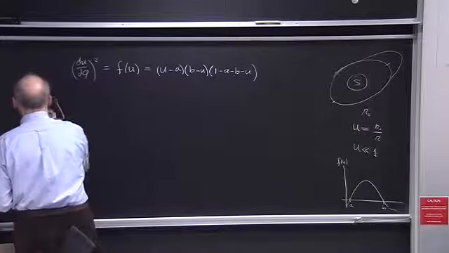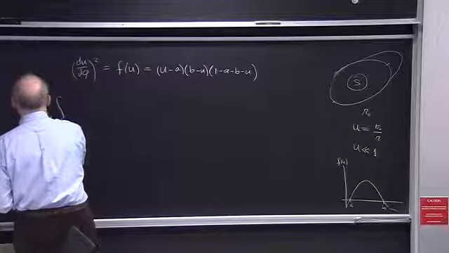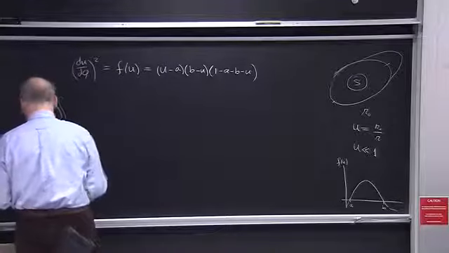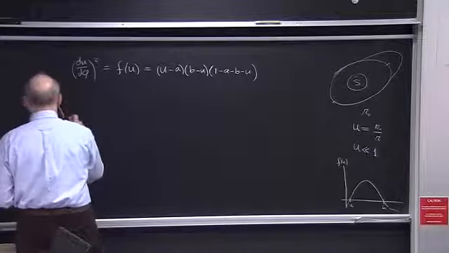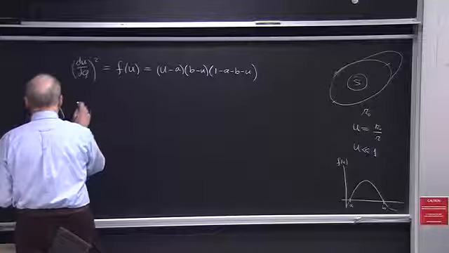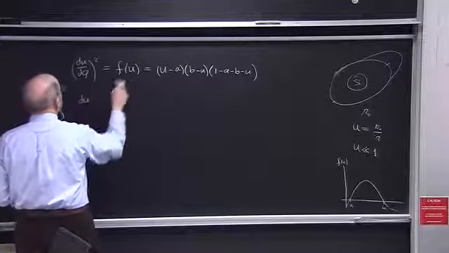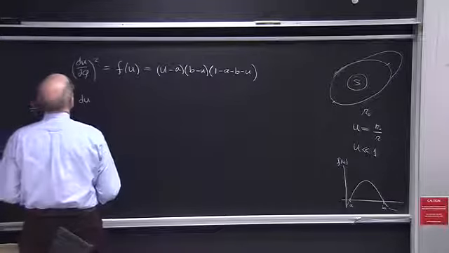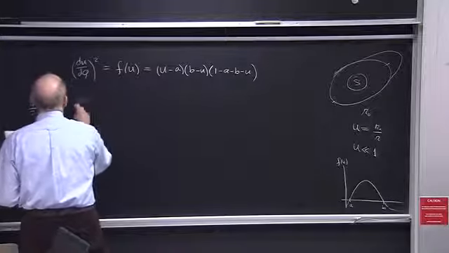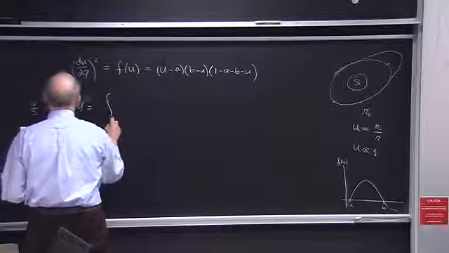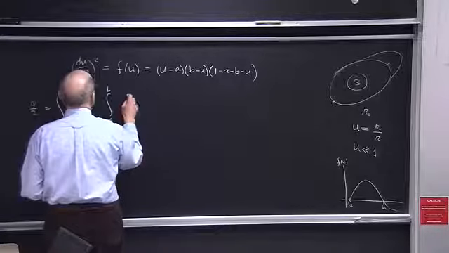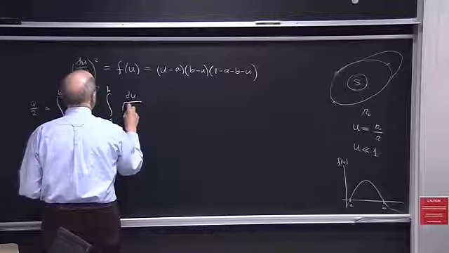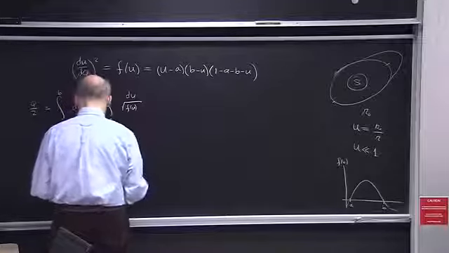Let's call it phi over 2. Total phi, meaning the total angle, is the integral from a to b of d phi, which is equal to the integral from a to b of du over the square root of f of u, right?